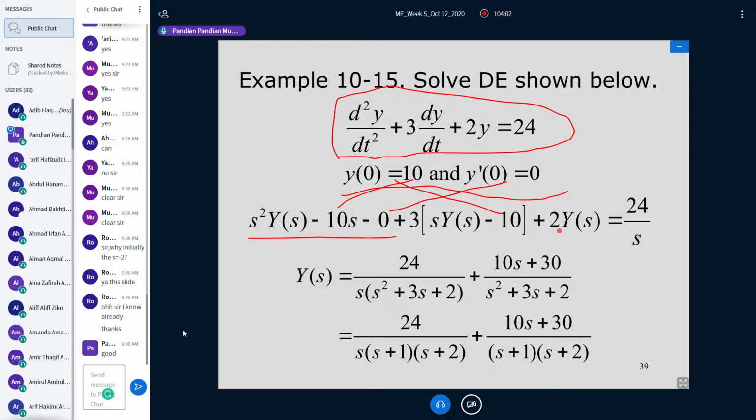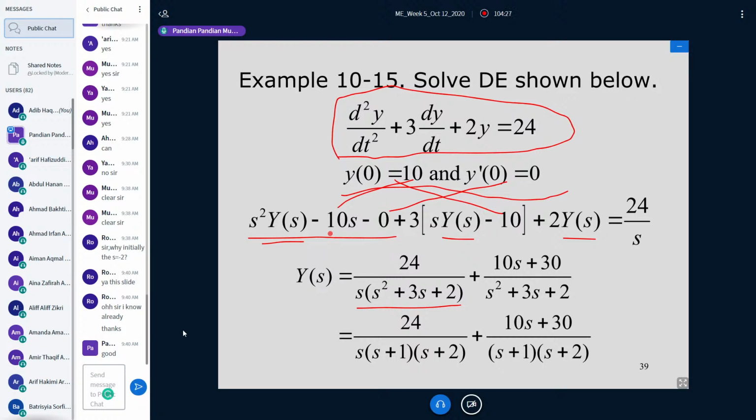Plus 2Y(s), Laplace of y. 24, Laplace of 1, 1 over s. So you simplify and take out Y(s). So there are three terms, s squared plus 3s plus 2.